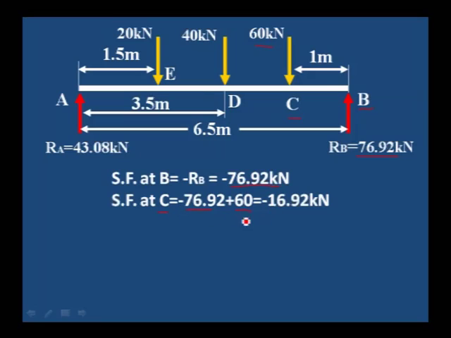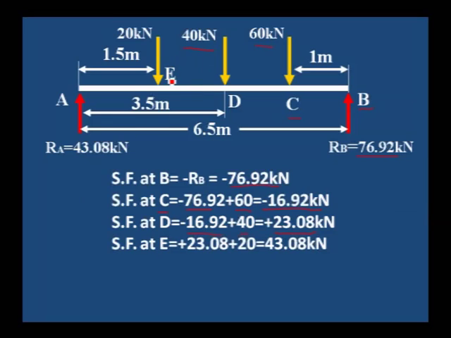That will be equal to minus 16.92. Next, shear force at D, previous value is 16.92 plus one more load added, 40 kilonewton, that will be equal to 23.08. Why are we taking plus? Downward force we are considering positive and upward as negative.